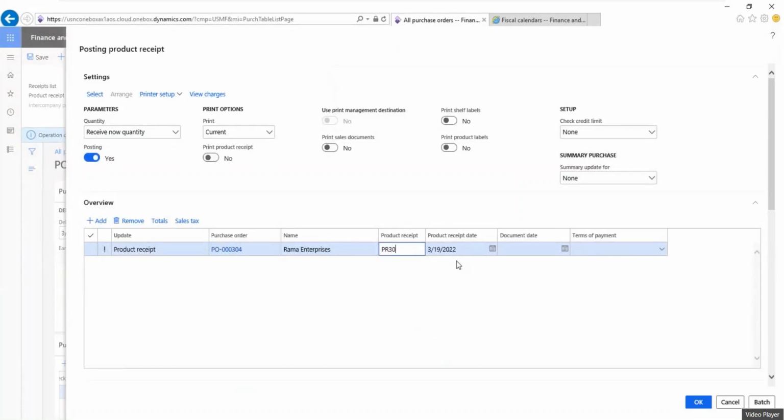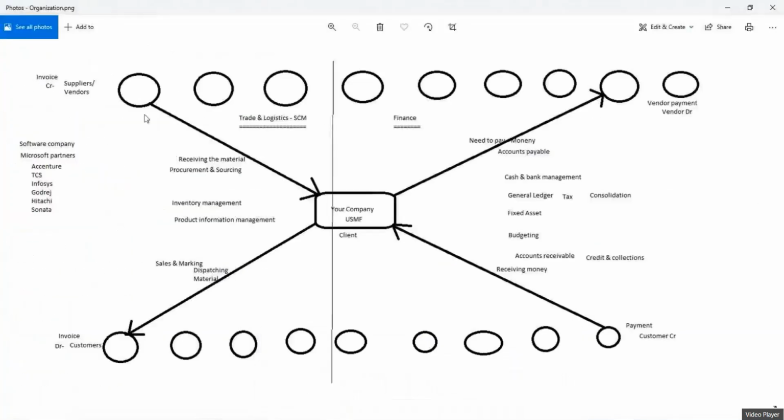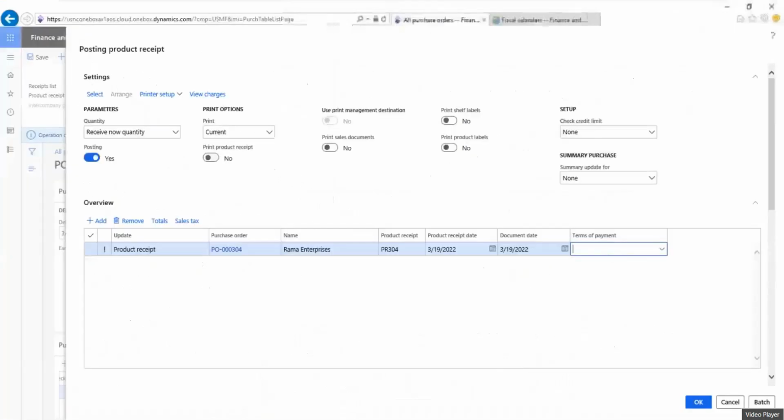So you need to enter the product receipt number. I have explained in detail that product receipt means the vendor dispatch document number. Whenever the vendor is sending material, along with the material one document will be given. That document number you need to enter here. That is called the vendor dispatch document number.